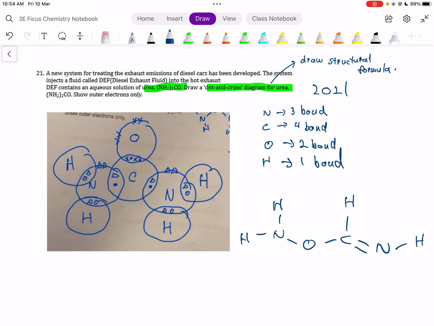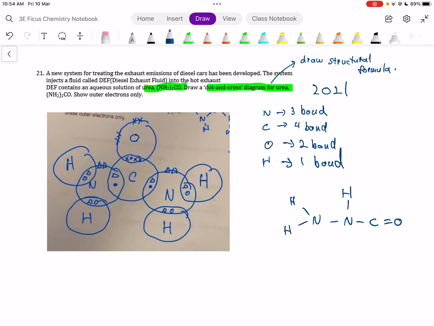Alright, but it's obvious to us that with that bracket the NH2 is together. Let me erase this, because at the start it might be things like this. You might start doing things like this, and then you feel very frustrated. But try to see from the formula given some hints that the NH2 is actually together.